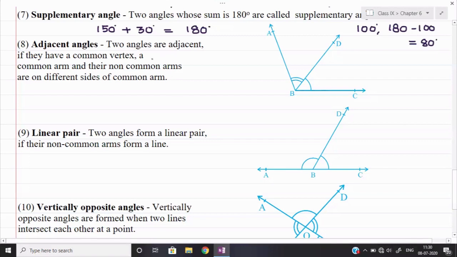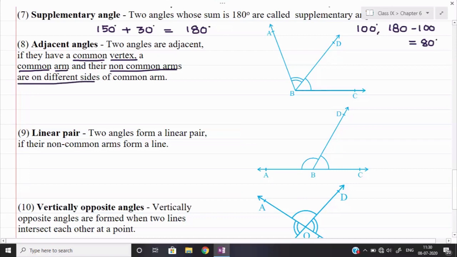The first condition is they should have a common vertex. Okay, and a common arm, meaning they should have one common vertex as well as a common arm. And the third condition is the non-common arms are on different sides.